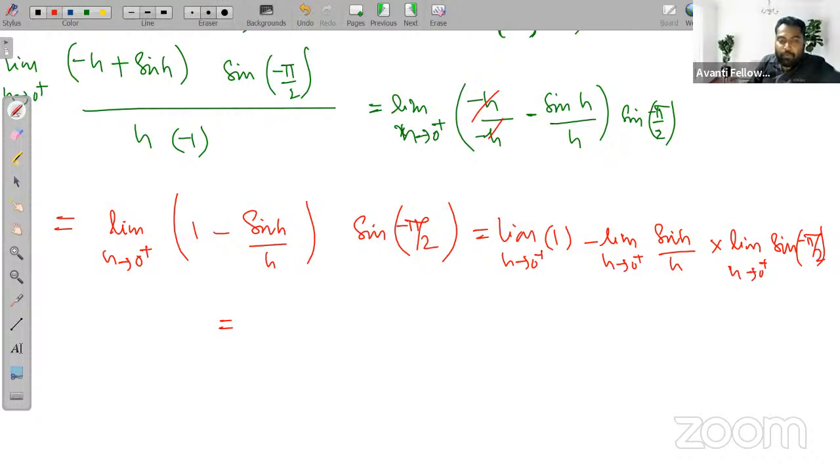So this gives you 1, minus this gives you also 1, into this. So 1 minus 1, here you have a bracket also. So this becomes 1 minus 1, that is 0 into... something went wrong.